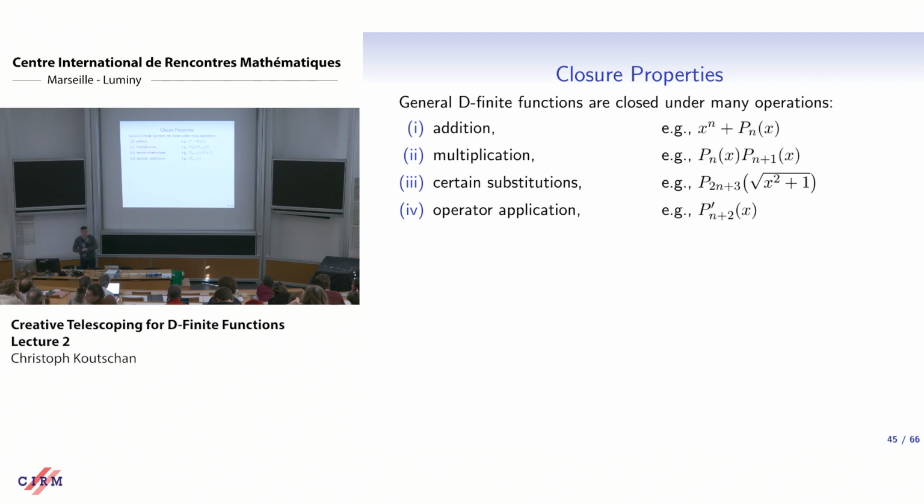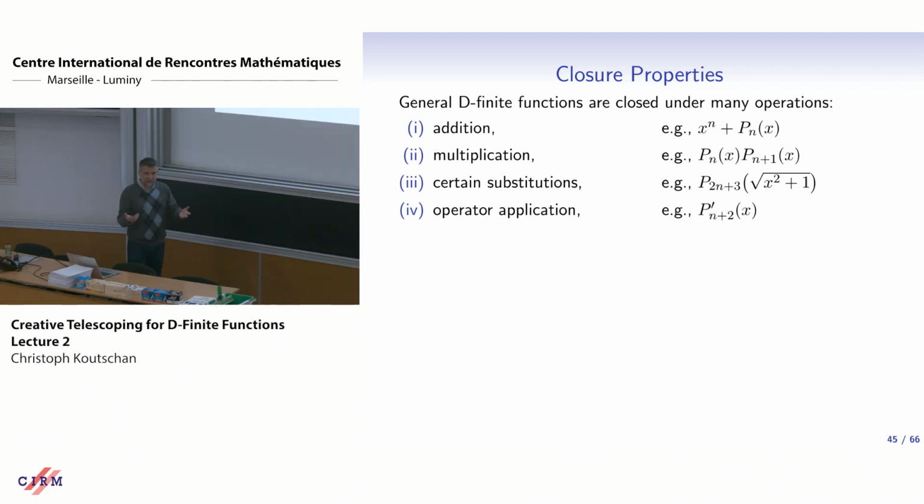Operator application: we have seen in the D-finite case, we can take the derivative or even the second derivative. And more generally, we can define a new function that arises as an operator applied to your original function. Like here, the operator would be d times s squared. So we differentiate and we shift by 2.